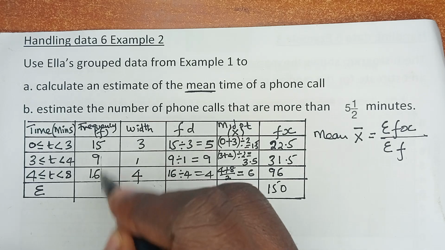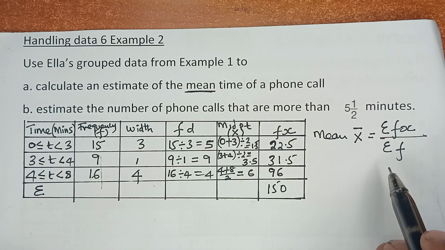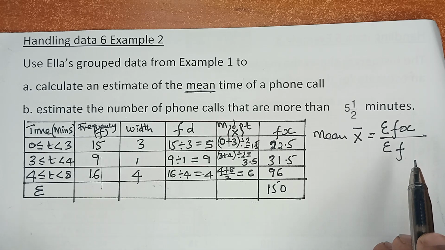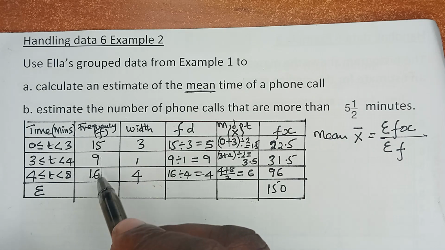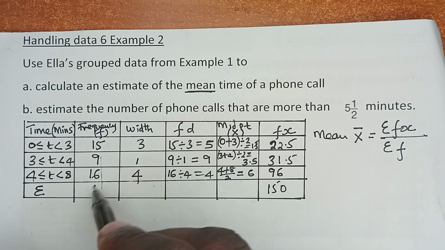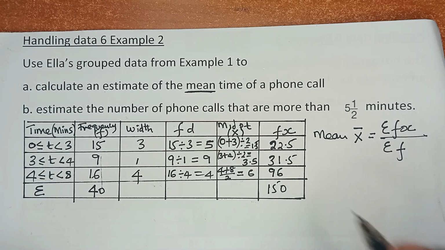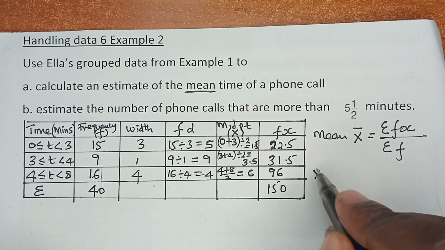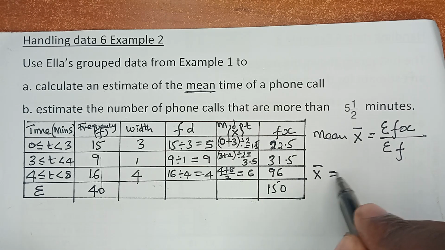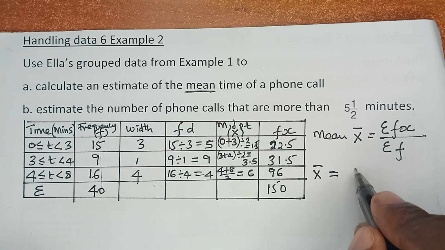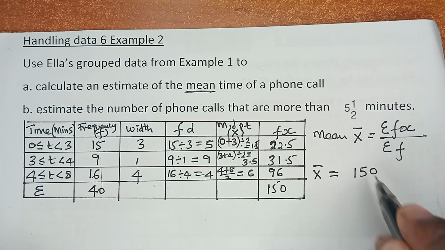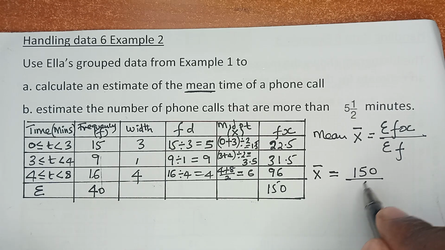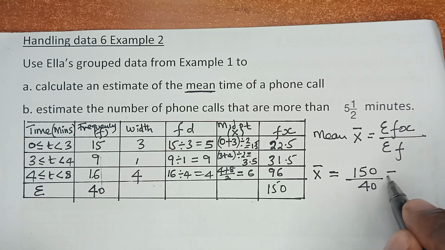And what is the total frequency? Because we are required to have the total frequency at the denominator. 15 plus 9, that is 24. 24 plus 16, we have 40. And that means our estimate of the mean, x bar, is equal to sigma fx, which is 150, divided by the sigma of the frequency, which is 40.